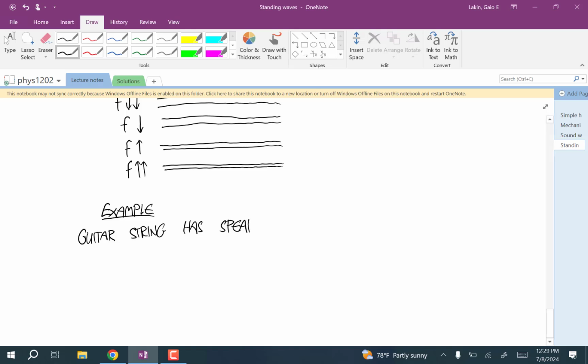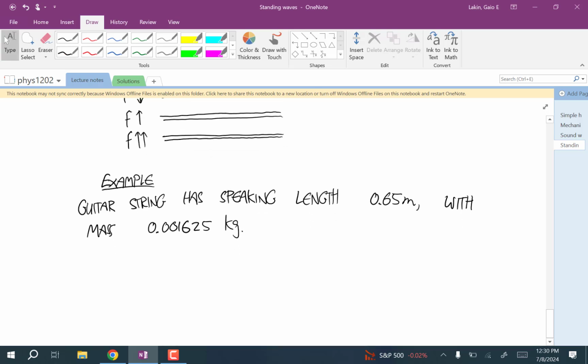So the guitar has a speaking length of 0.65 meters. And that speaking length has a mass of 0.00165 kilograms. And the fundamental frequency of that string is 250 hertz.